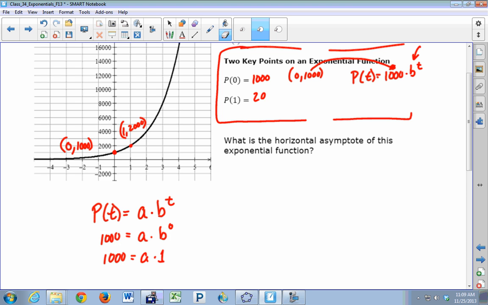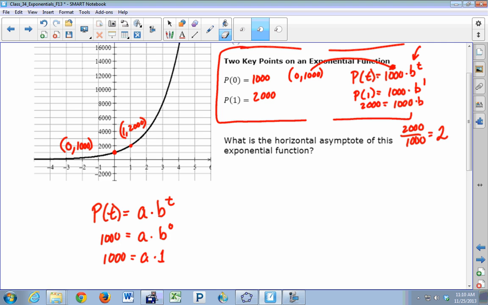So now we say when t is 1, we put 1 in here, we have 1,000 times b to the 1, and p of 1 is 2,000. So if you're solving for b, you divide both sides by 1,000, and there's your growth factor. There's your base for your exponent too.